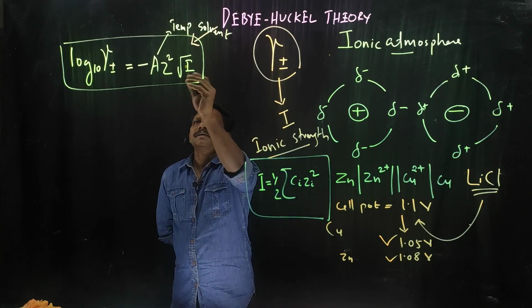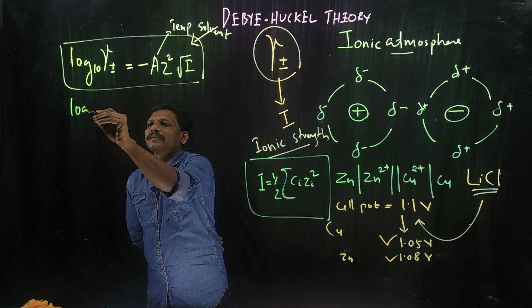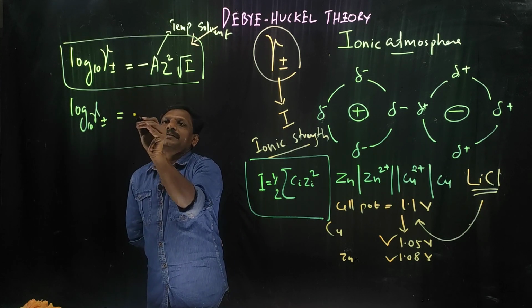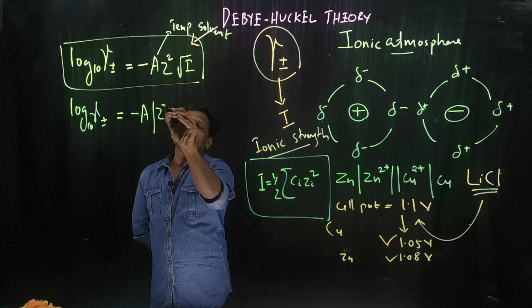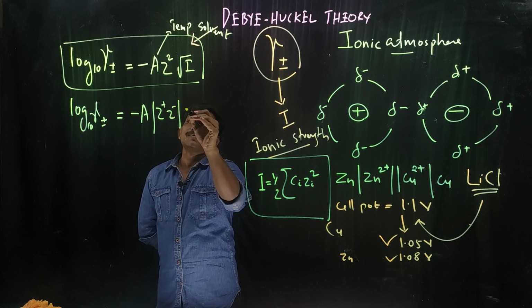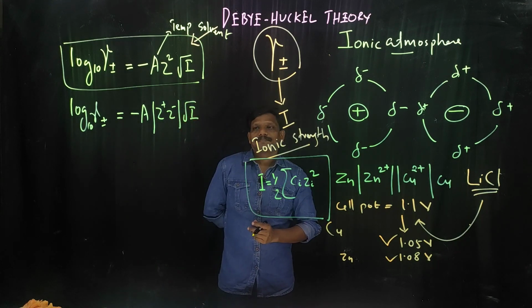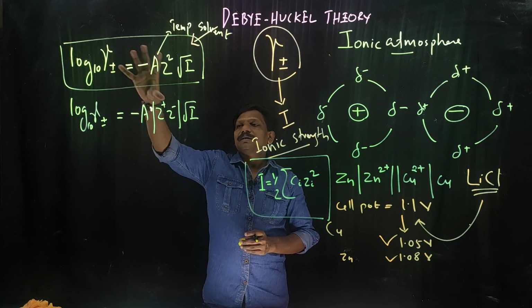What is Z? Why are you writing this Z square? You can also write it like this: log 10 gamma plus minus is equal to minus A, mod of z plus z minus, into root I. That is also correct.